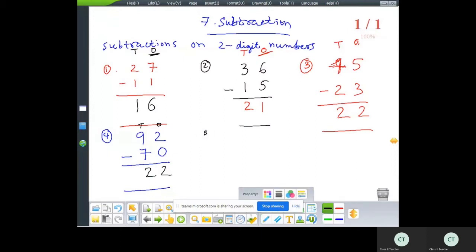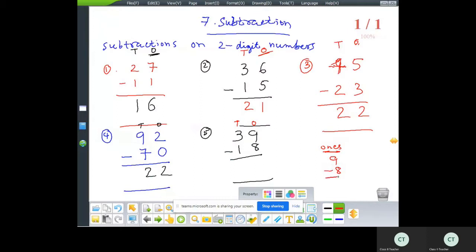Now, question number 5. 39 minus 18. We write the place values, ones and tens. First subtracting on ones. The digits are in the ones place, 9 and 8.